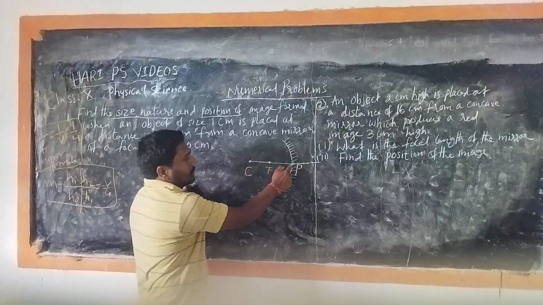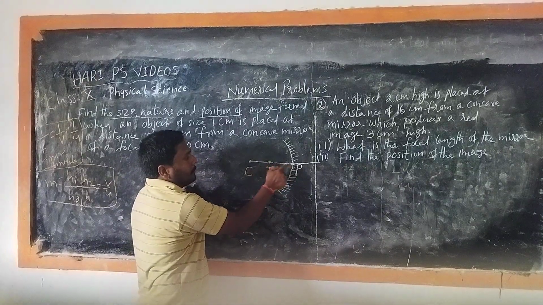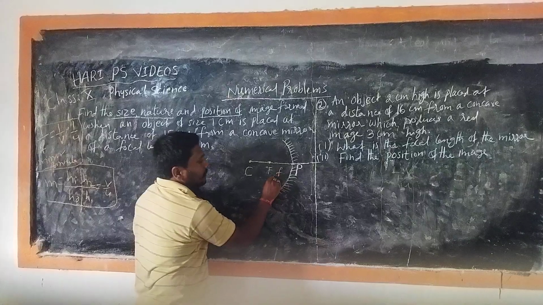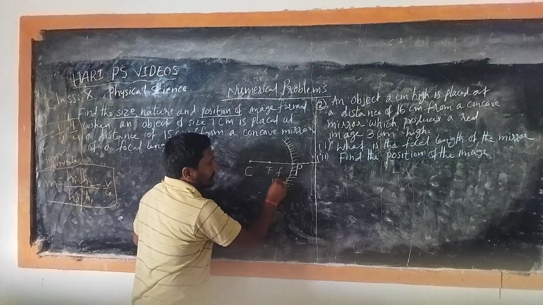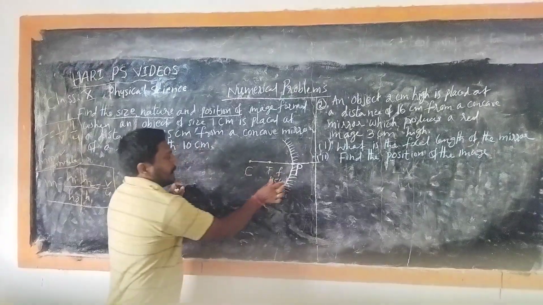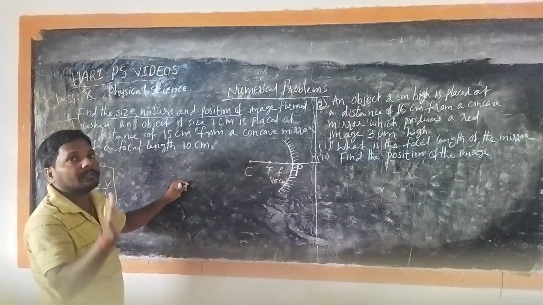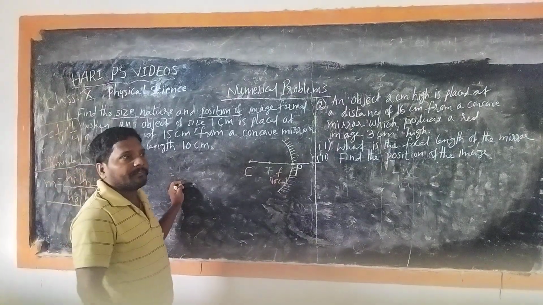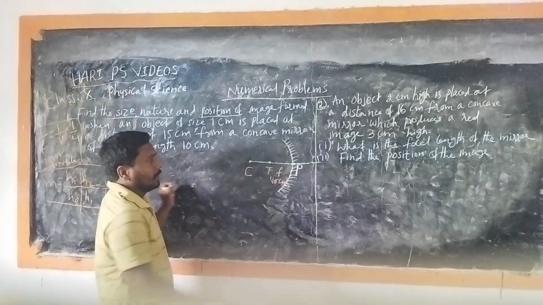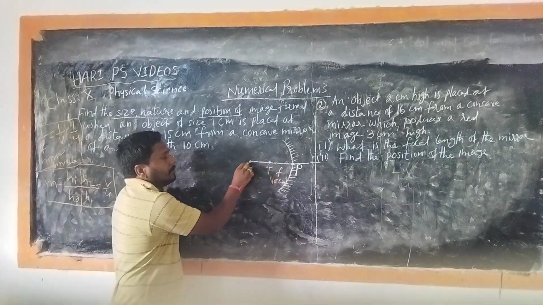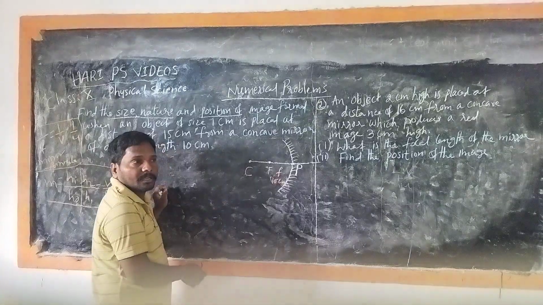So here the distance between the pole and the focus is 10 centimeters, where the object is placed at 15 centimeter. At 15 centimeter means, is it at the center of curvature or in between the focus and center of curvature?